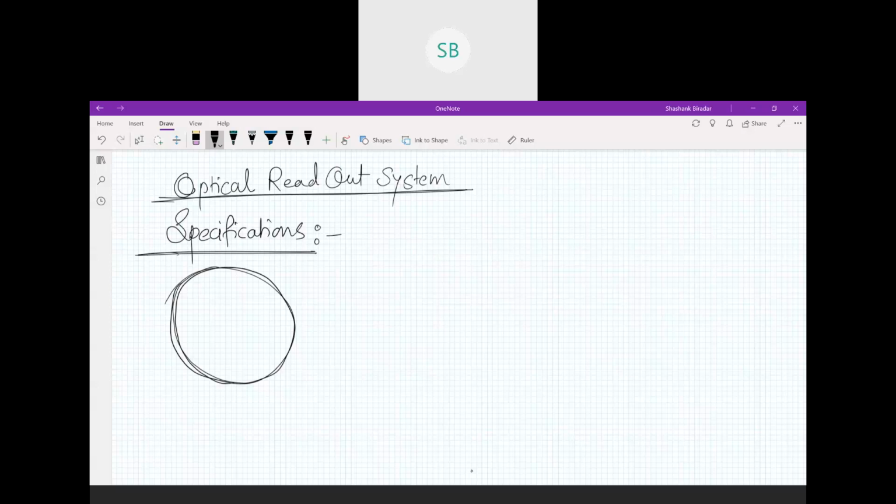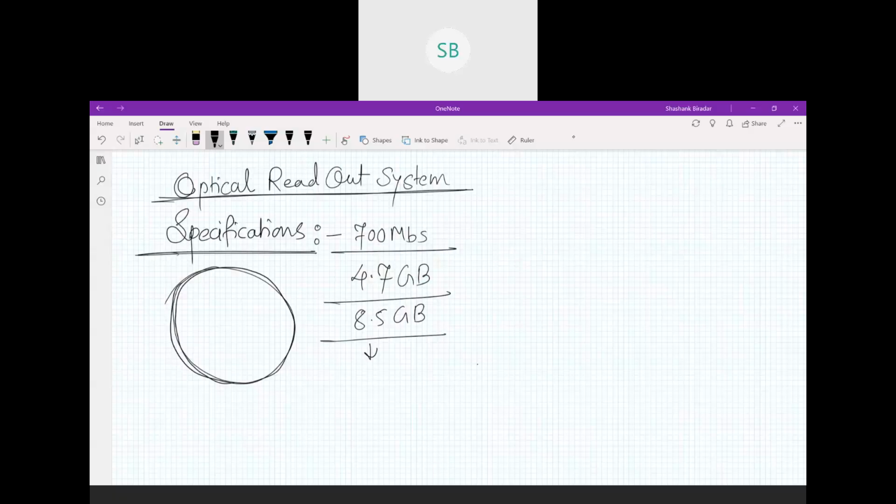But they differ amongst themselves in storage capacity. The compact disc has a storage capacity of 700 MB. As you move on to DVDs, it goes to 4.7 GB. Then double layer goes to 8.5 GB. Then Blu-ray 25 to 50 GB, and so on.